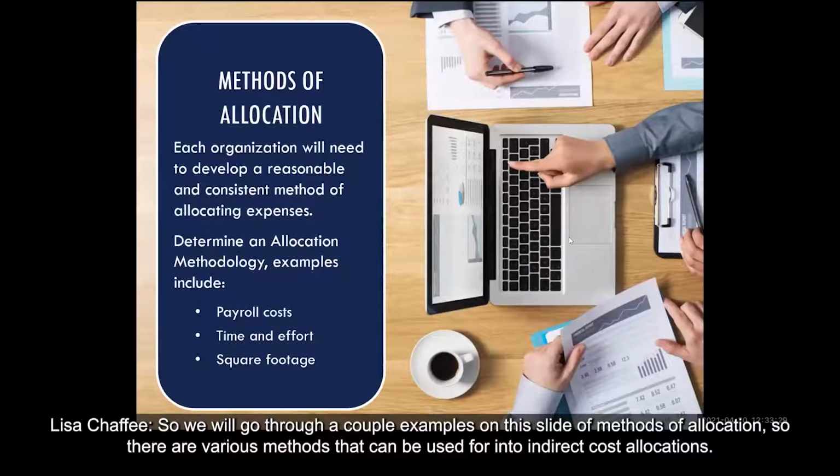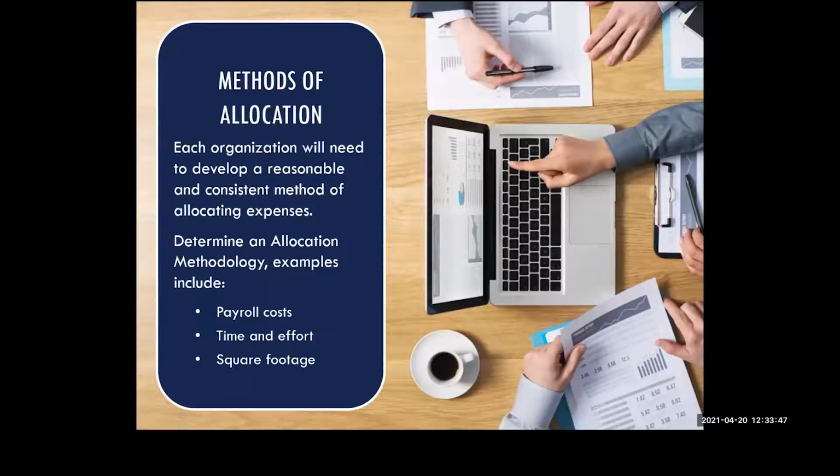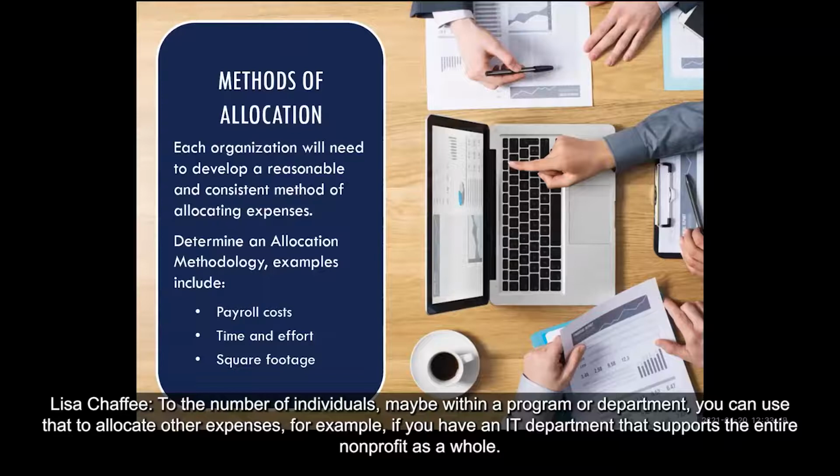So we will go through a couple examples on this slide of methods of allocation. There are various methods that can be used for indirect cost allocations. The biggest things are to be consistent and to be reasonable. A couple examples would include payroll costs, meaning expenses that are directly related to the number of individuals within a program or a department.